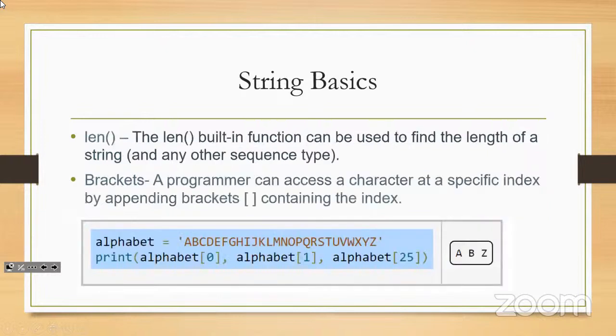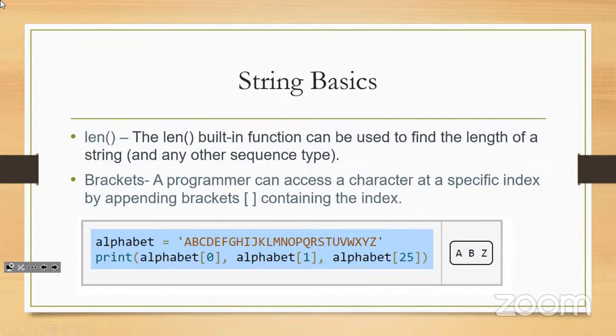So what we're going to do is learn about some of the things you can do with strings. There are a lot of string functions that are already out there that you don't have to recreate. A string knows how long it is. So if you use len, which is abbreviation for length, and then you put a string or a variable name for a string in between the parentheses, it will return the number of characters or number of items in that string.